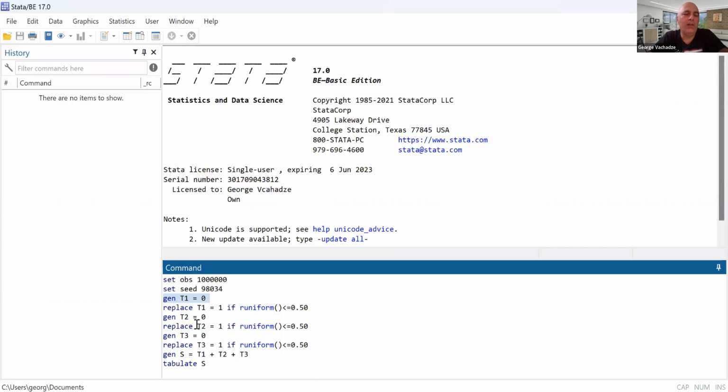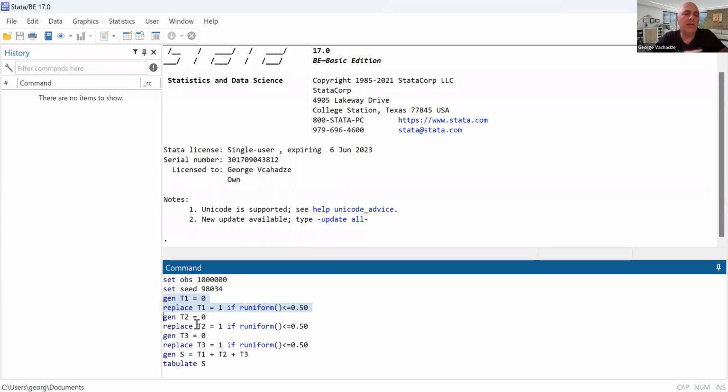We set T1 to be 0, and then we replace it by 1 if the random number falls within probability 0.5. So with probability 0.5 we are getting tail, and with probability 0.5 we are getting head.